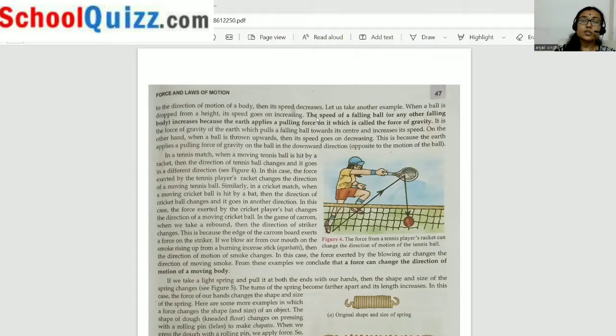Like suppose I throw a ball, like I'll throw this pen. I applied a force on this pen and this pen will go up. Up to this point, my force will be zero.